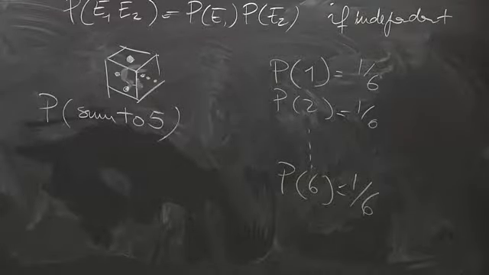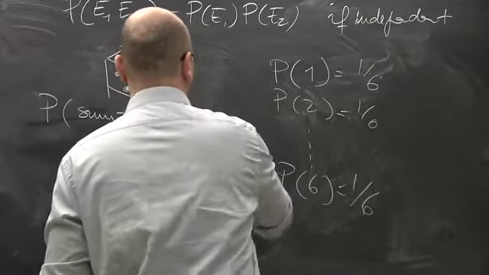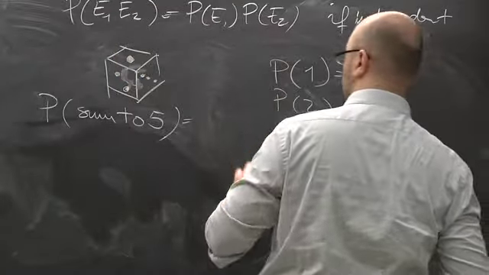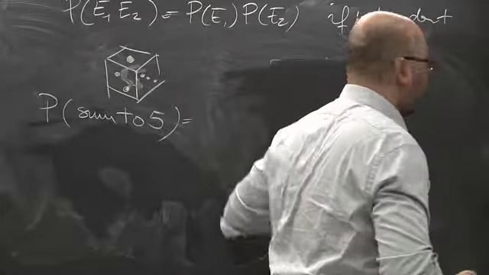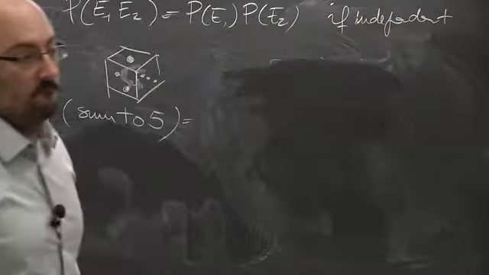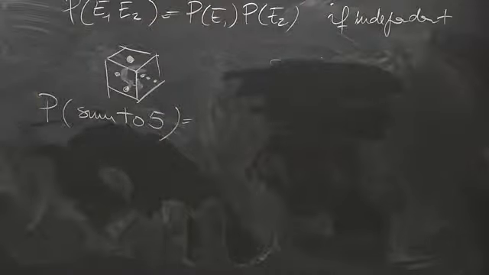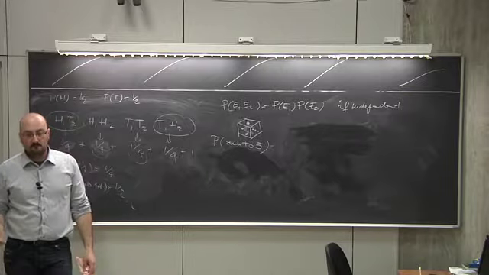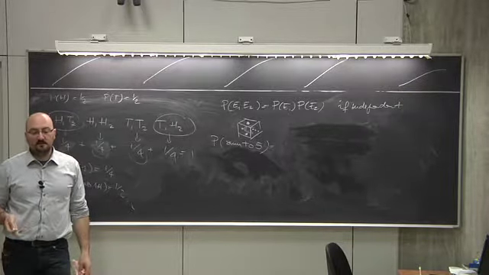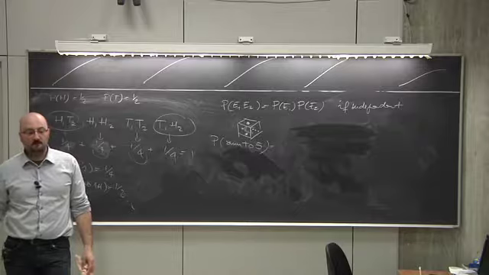What should I do to compute this? For example, if I get a 2 and a 3, the sum is 5. But how can I get the probability that the sum is 5?